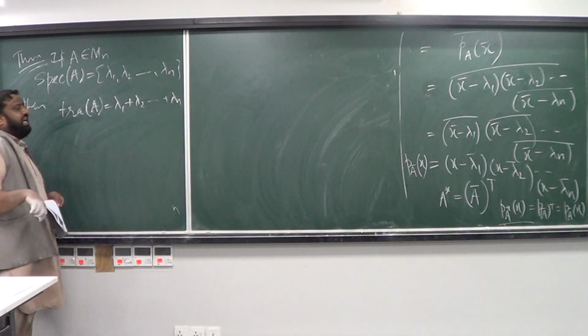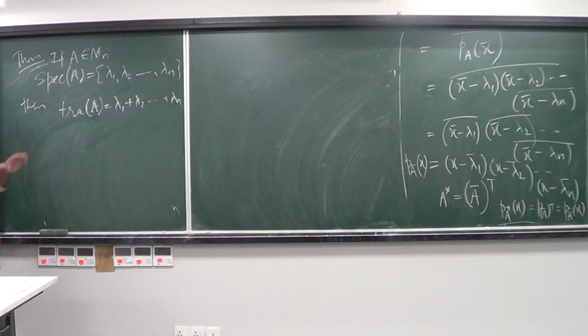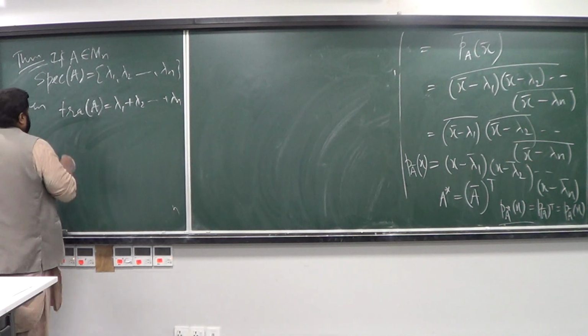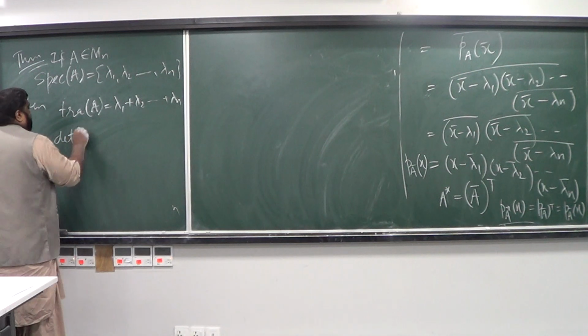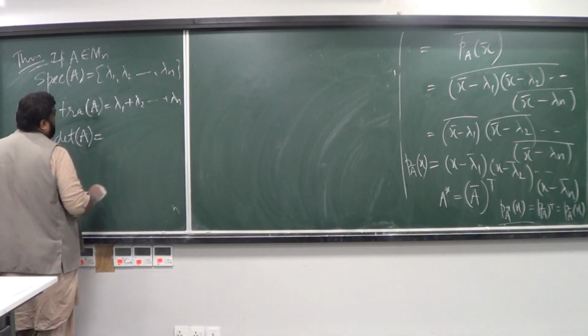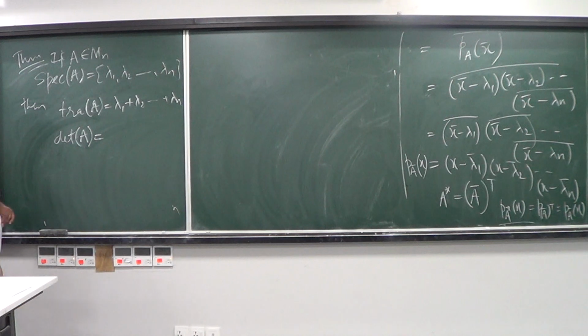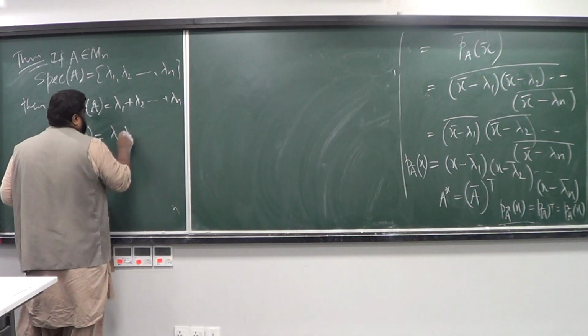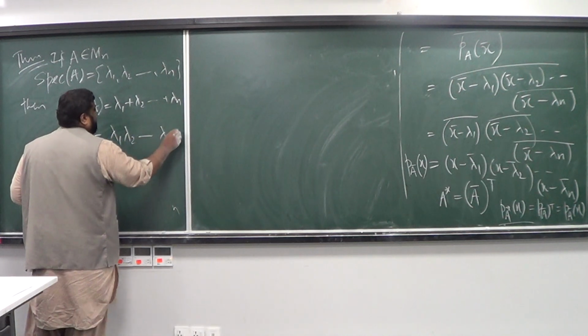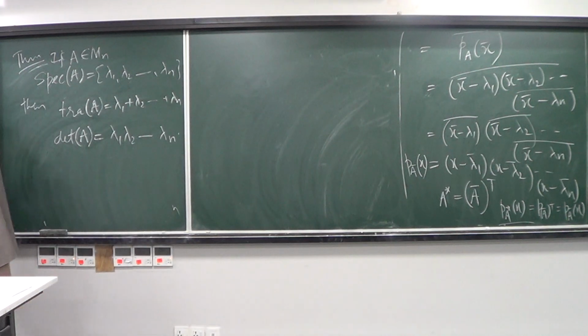The sum of the eigenvalues of the matrix A is always the same as the trace of the matrix A. And the determinant of the matrix A whose eigenvalues are known to you is simply the product of the eigenvalues.